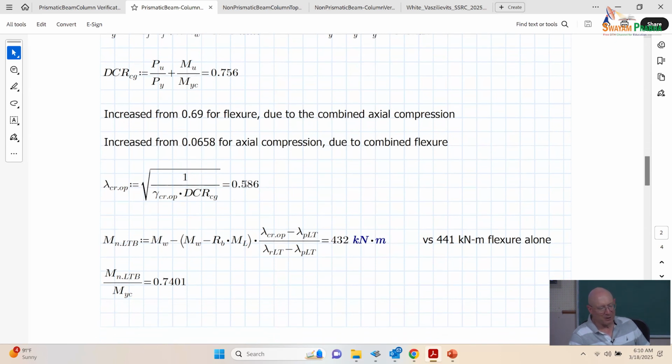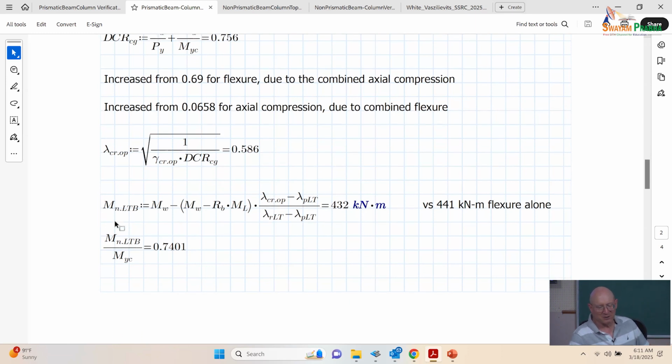Now we calculate an out-of-plane non-dimensional slenderness using our elastic buckling eigenvalue, gamma critical OP, for the out-of-plane buckling, and our demand to capacity ratio for the gross cross-section. So I've shown you that form of it earlier. We need to use it in this form now to cover the bases with the combined loading.